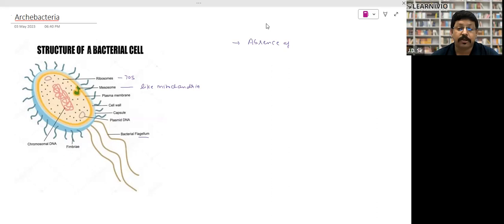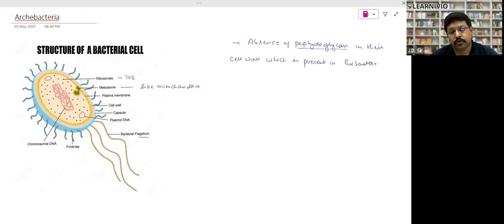Peptidoglycan is not found in their wall, which is found in the eubacteria. So that is the first thing.